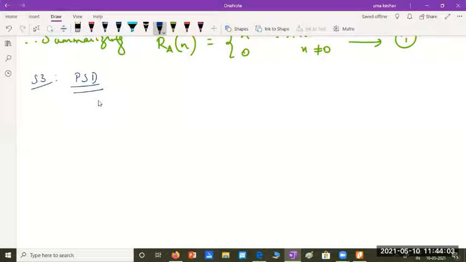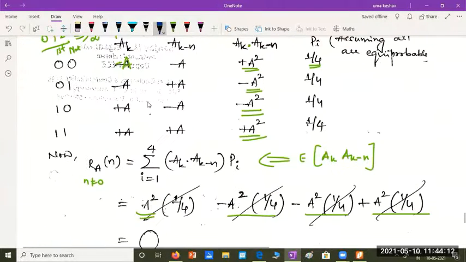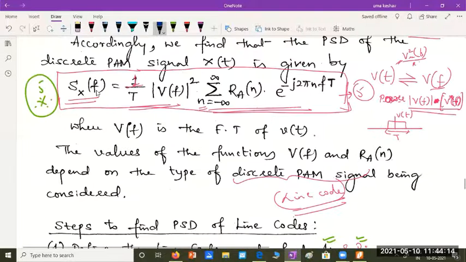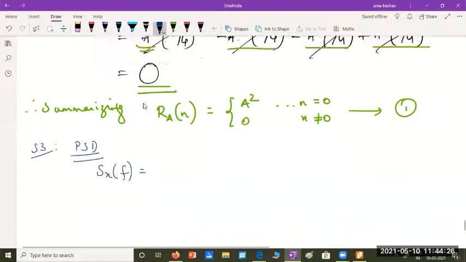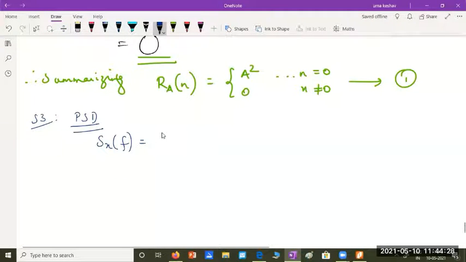What is the relationship between the autocorrelation and PSD? We already have that defined equation. I told you to remember this equation to find the PSD knowing the autocorrelation function for the given rectangular pulses which are shifted in time in a line code. So 1 by T, V of f whole square magnitude.